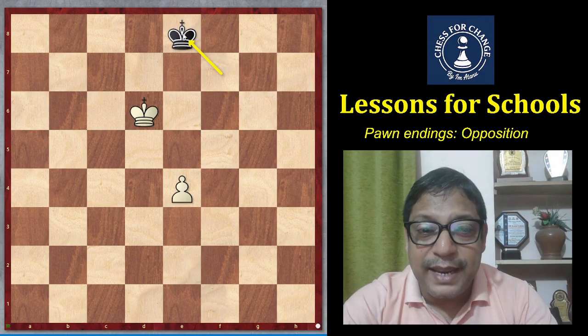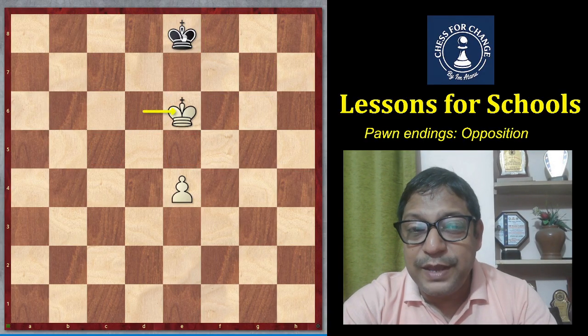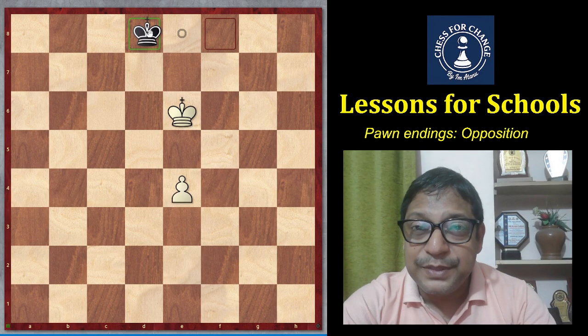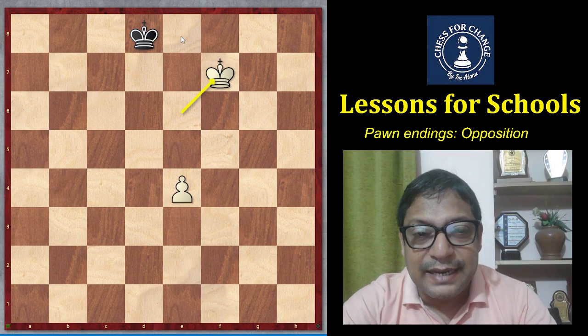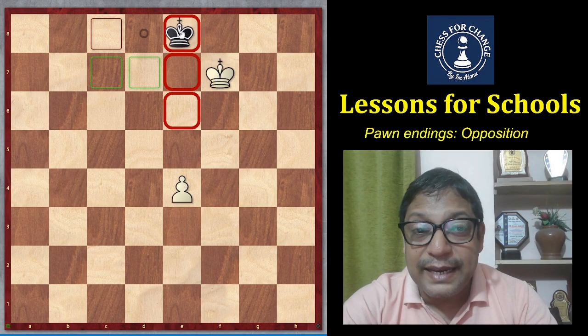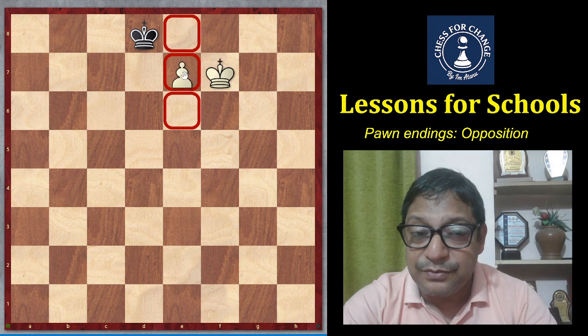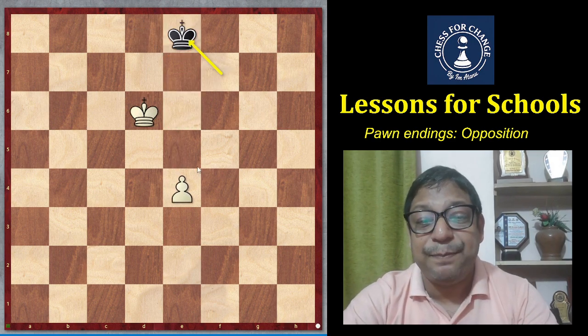And when the king goes back, our king goes ahead, and wherever the king moves, suppose the king moves this direction, again the white king would move to the opposite direction, taking control of these squares first. Now the black king cannot defend, and the white pawn would easily advance thereafter, okay, without any hindrance. So this is white's basic plan.